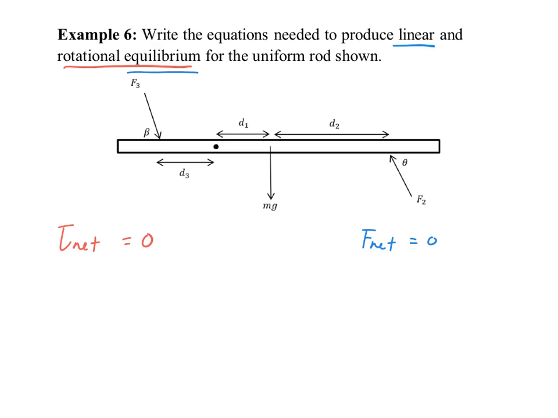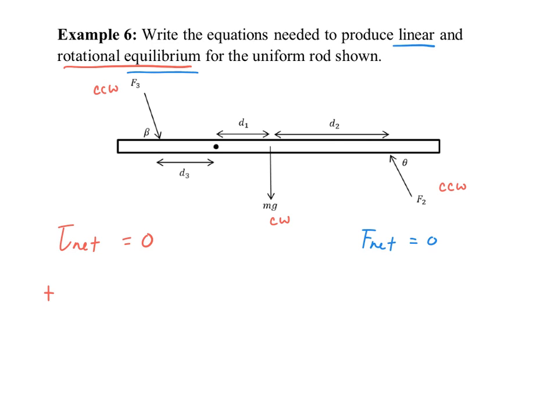So let's analyze these separately. Thinking about our torques as negative and positive, we've got F2, F3, and the weight. F2 will cause a counterclockwise torque, F3 will cause a counterclockwise torque, and the weight will cause a clockwise torque. That's how we're going to approach this as always. So counterclockwise, we're considering positive for torques.